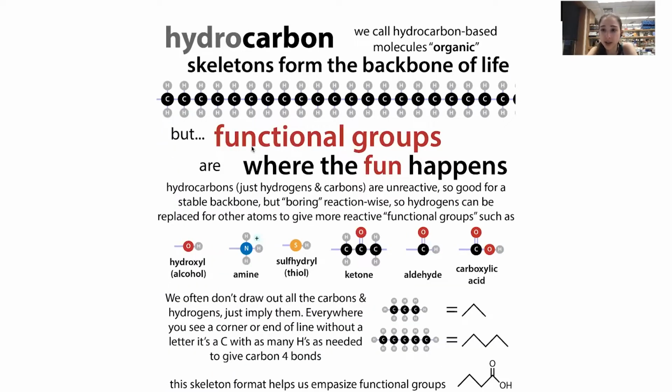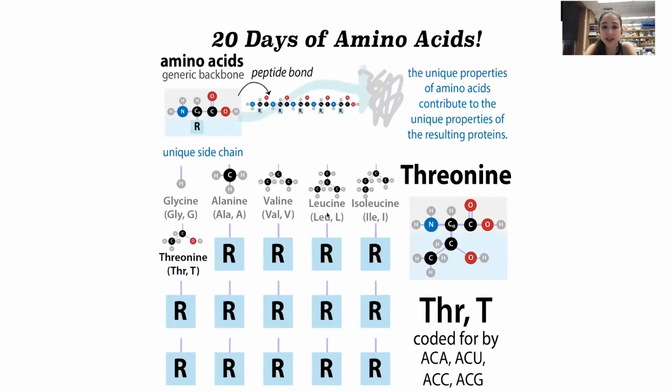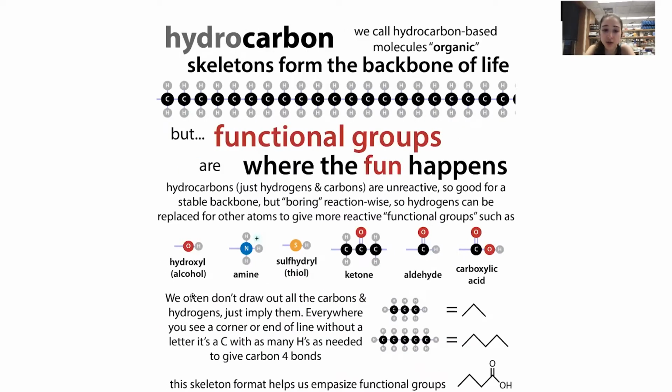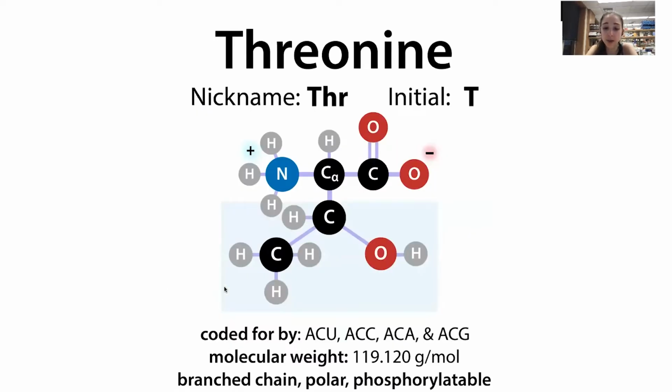So in a hydrocarbon, you just have carbons and hydrogens. These guys all had just these hydrocarbon-based chains. And threonine is going to have this OH group, which is a hydroxyl group. And this is going to give it important properties. It's going to give it polarity, and it's also going to make it phosphorylatable.